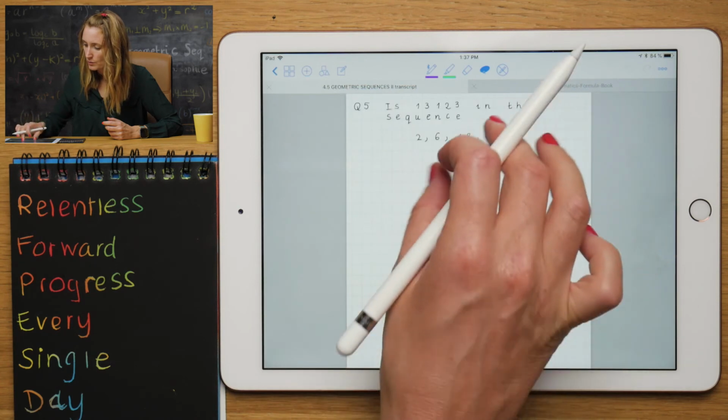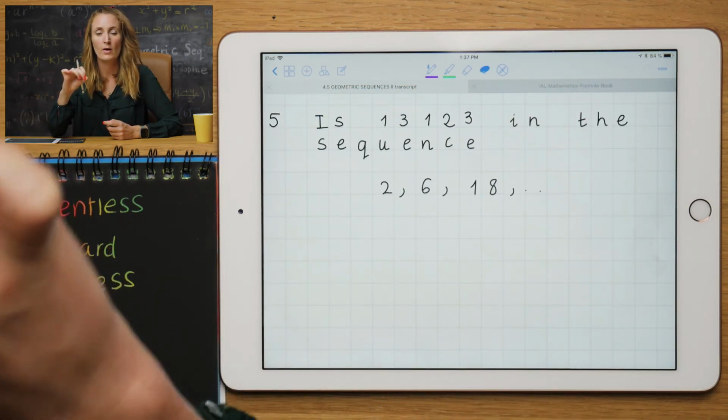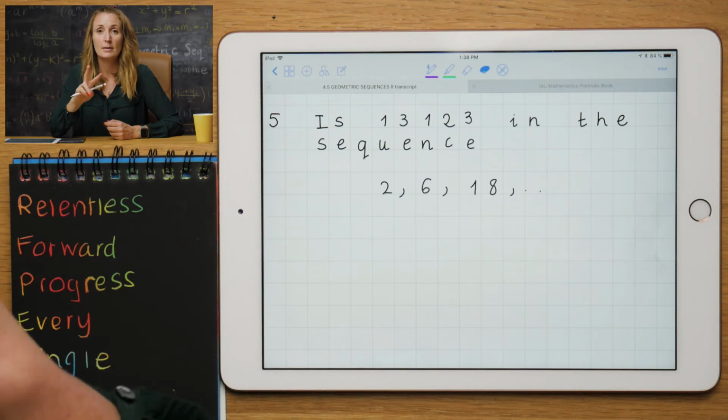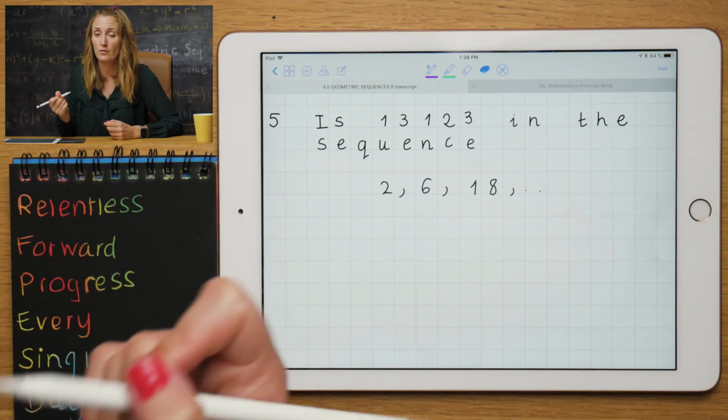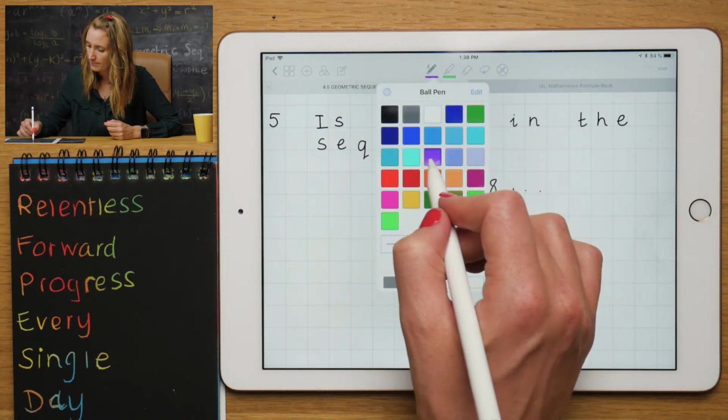So what we're going to do is use the same method. We're going to find the n value and see if n is a whole number. If it's a whole number, it's in the sequence. If it's a decimal or a fraction, it's in between terms and therefore it's not in the sequence. So the method starts the same.